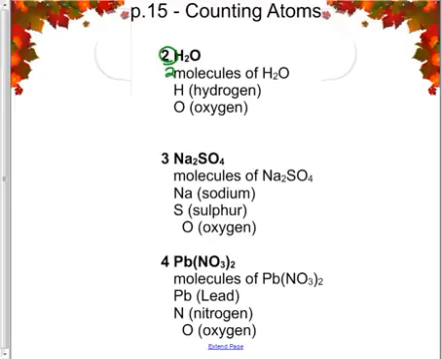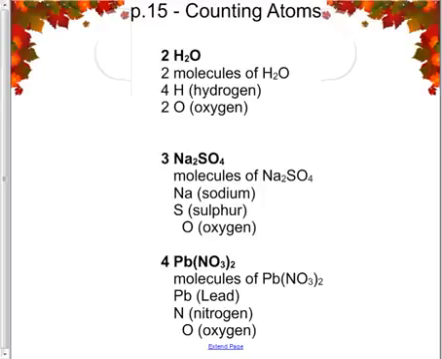So there are 2 hydrogens as a subscript, but then the coefficient of 2 gives me 2 times 2. For oxygen, I have 1 for the subscript, but a coefficient of 2, so I have to multiply everything by that coefficient. So overall, I have 2 molecules of water, 4 atoms of hydrogen, and 2 atoms of oxygen.